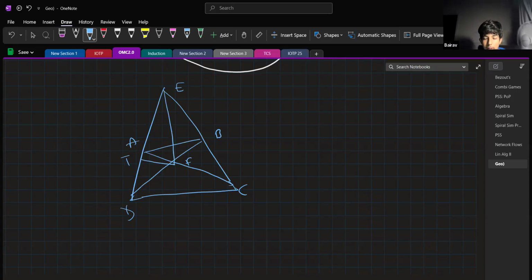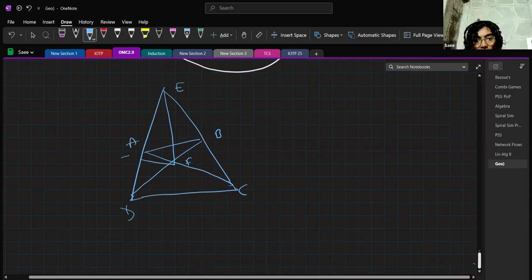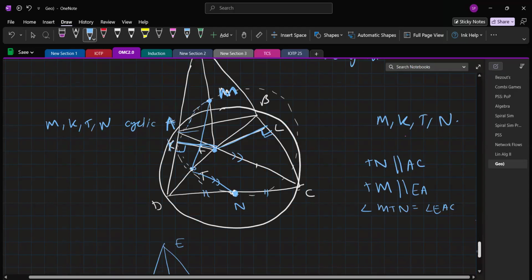S is the midpoint of CF. Yes, S is the midpoint of CF. So why is it there?